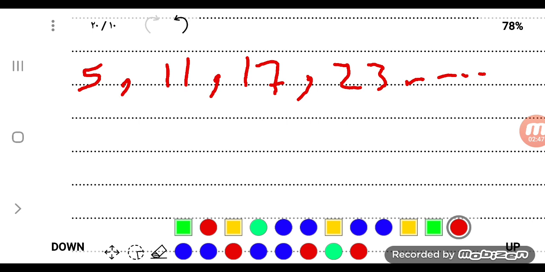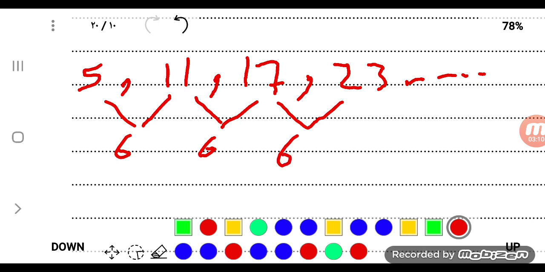Now the question is, find the nth term. In order to find the nth term, as we said, we have to find the common difference. So what is the common difference here? From 5 to 11, 11 minus 5 is 6, 17 minus 11 is 6, 23 minus 17 is 6.